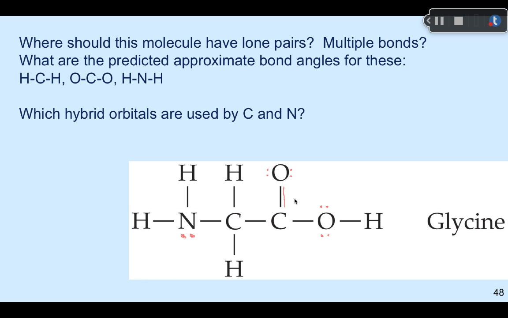If you went back and counted up all the valence electrons for the atoms combining in this structure, this would be a reasonable Lewis structure for it. Okay, so having done that, what are the predicted approximate bond angles for these different locations: the carbon, hydrogen, carbon in the center of the molecule, and the oxygen with carbon, and the nitrogen?